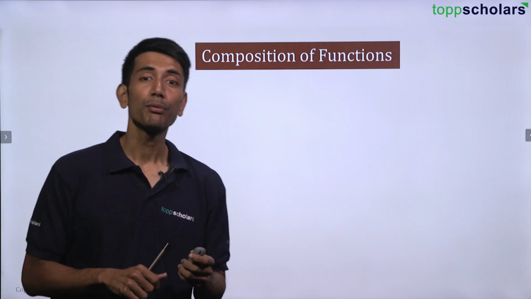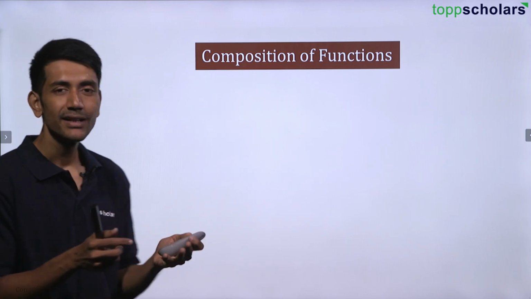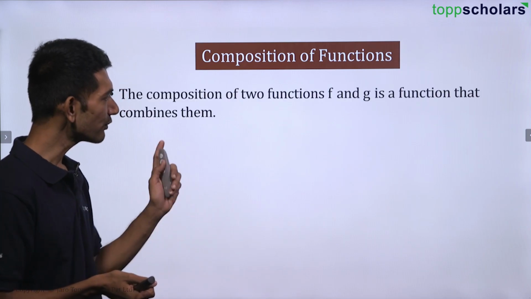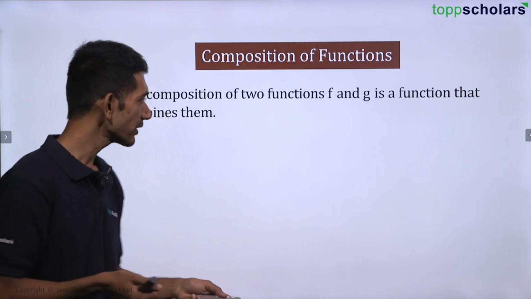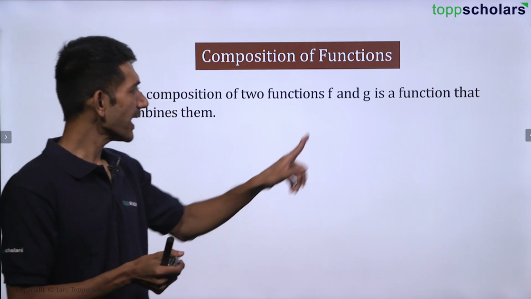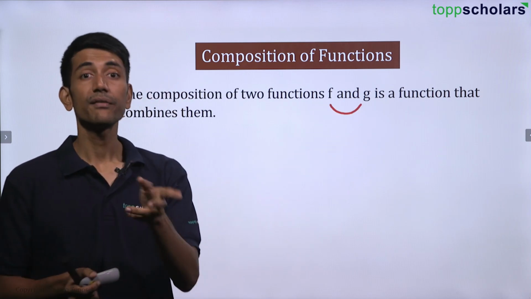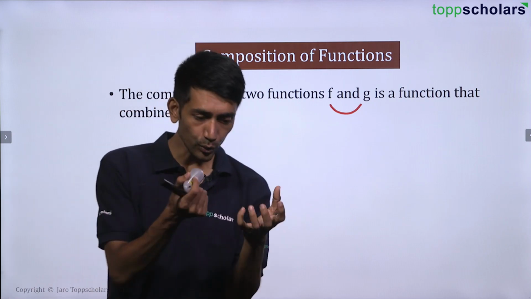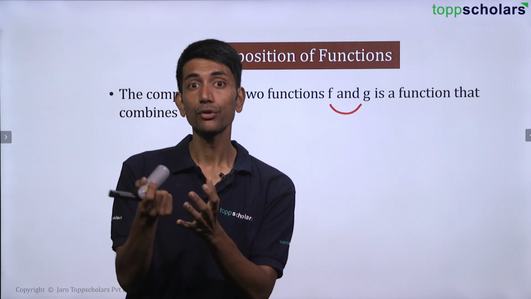The new topic is composition of functions. That is the combination of functions, you can say. So the composition of two functions f and g is a function that combines them. So f and g are two different functions. Now f is a function on two different sets, g is also a function on two different sets.